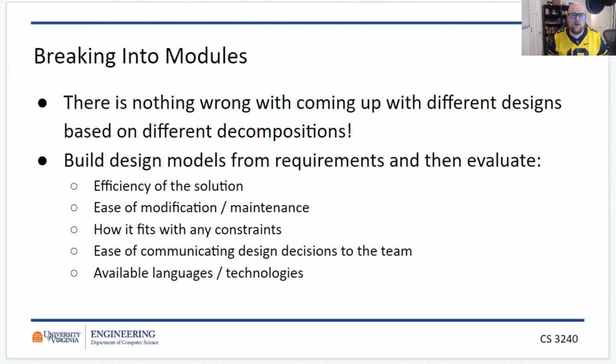But there are bad designs. So you do want to make sure that you're picking a solution that is efficient in terms of how you're breaking things down, its ease of modification or maintenance, and how it fits within the constraints. Things like, especially if you're dealing with embedded systems, the limited computing power, etc., available languages and technologies, etc.